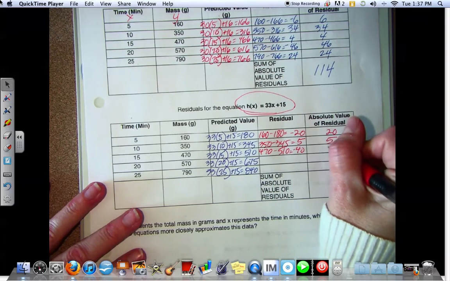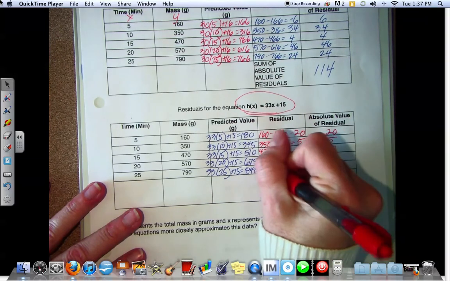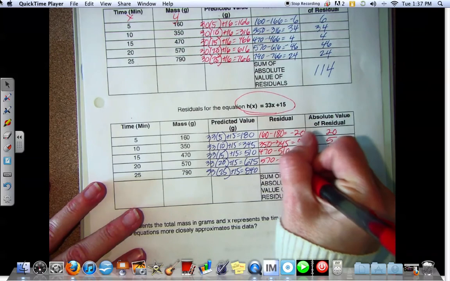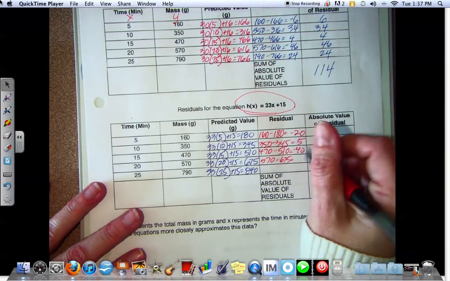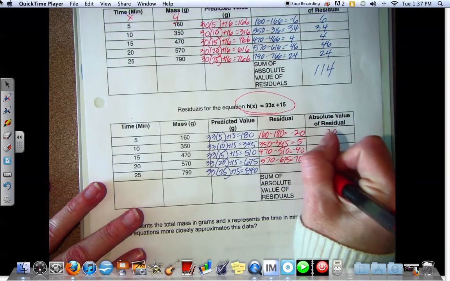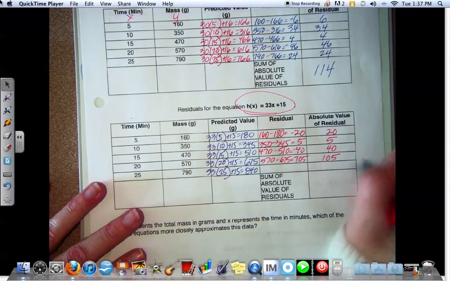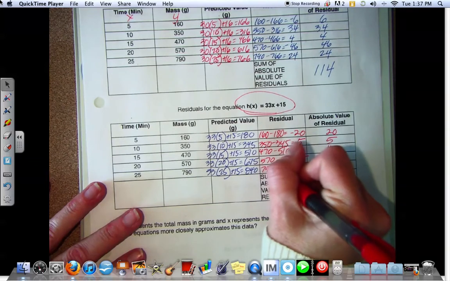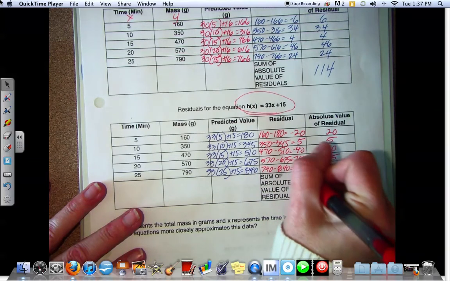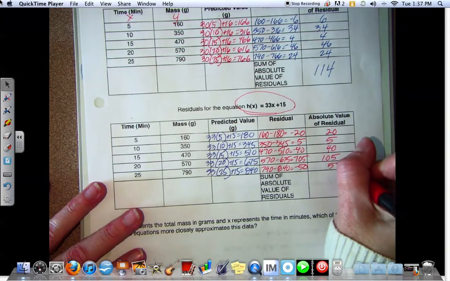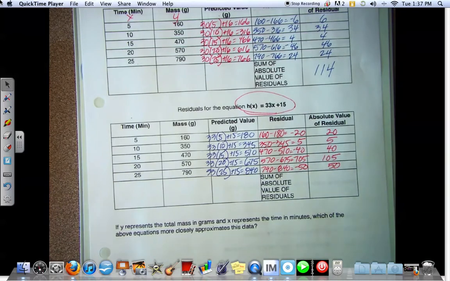Absolute value 40. 570 minus 675. Negative 105. Absolute value 105. And 790 minus 840. Negative 50. Absolute value 50. What's the sum?